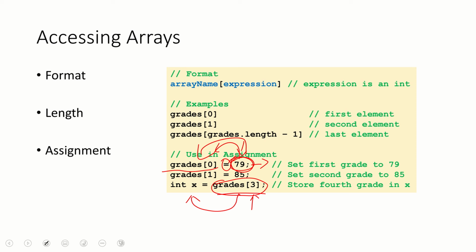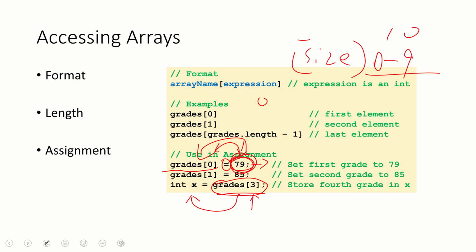Since we know this grade array's data type is int, only an int can be assigned. Another thing is that the index is always smaller than the size. For example, if the size is 10, the index you can access is only from 0 to 9.